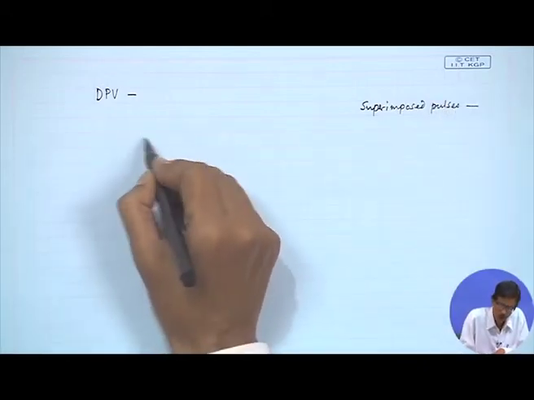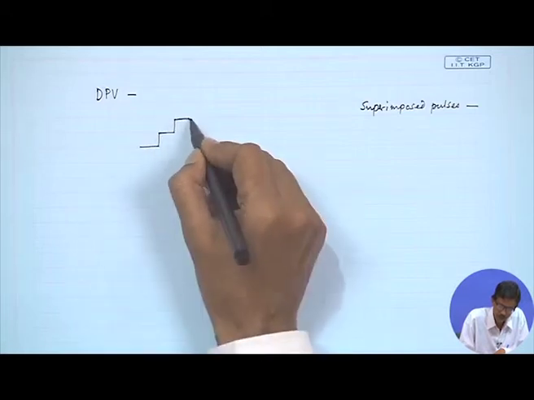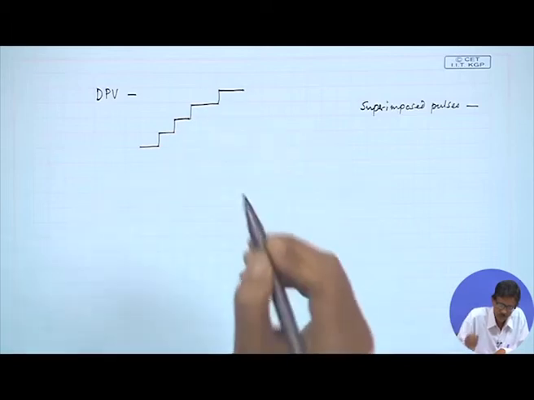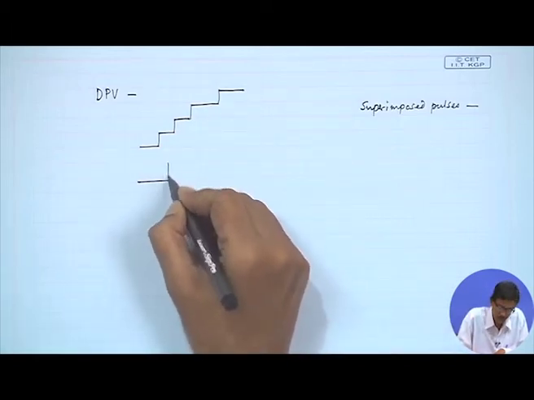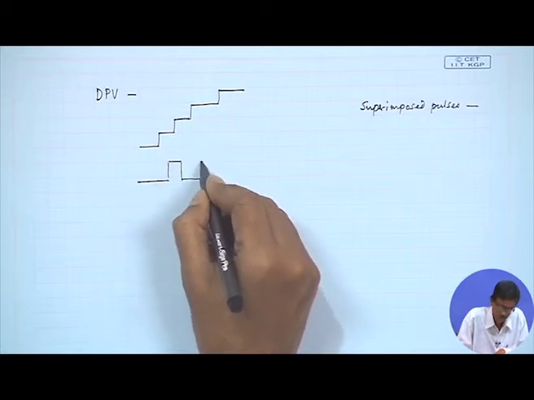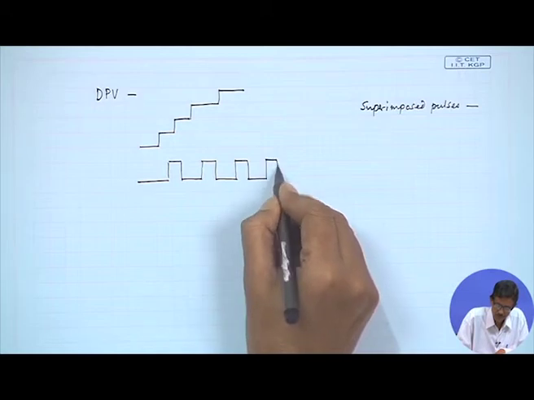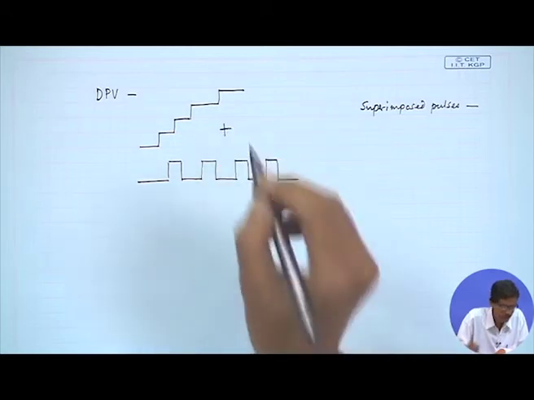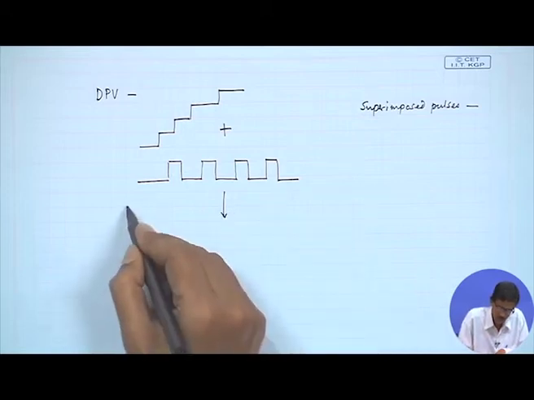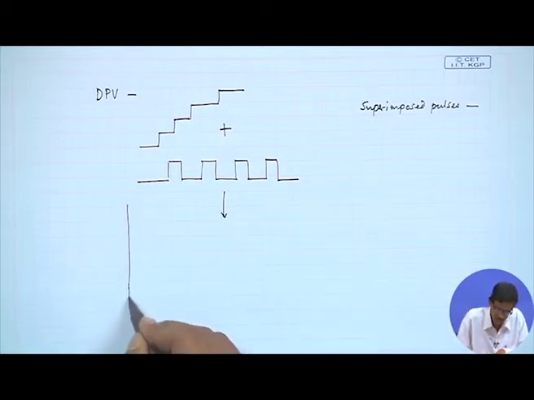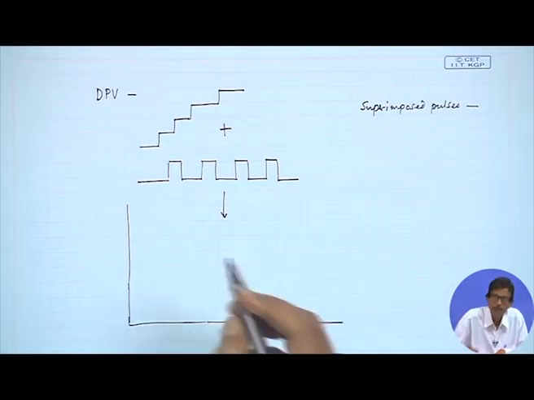So, for the DPV we have superimposed pulses. One of them is your staircase one, and another one is the square steps. If the two of them match together, we get the corresponding pulses again on the basis of tau and tau prime.